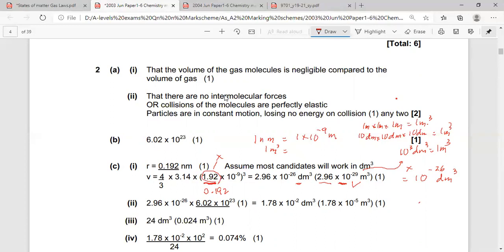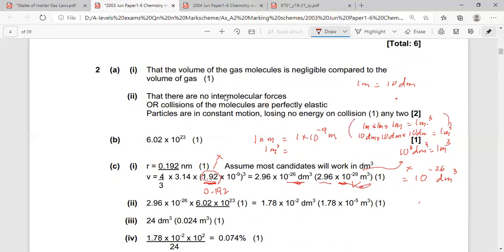To change to dm cubed, 1 meter is equal to 10 dm, so 1 meter cubed is 10 cubed dm cubed. So to change this meter cubed to dm cubed, you just times 10 to the power of 3, which gives you 10 to the power of 26. You need to learn how to convert properly, so this is the best way of conversion.